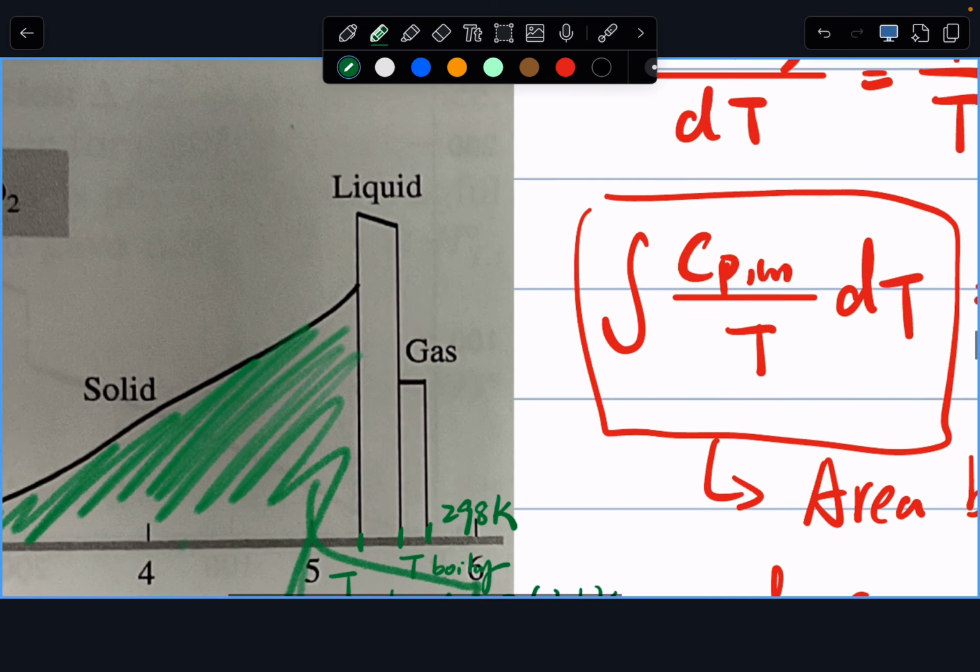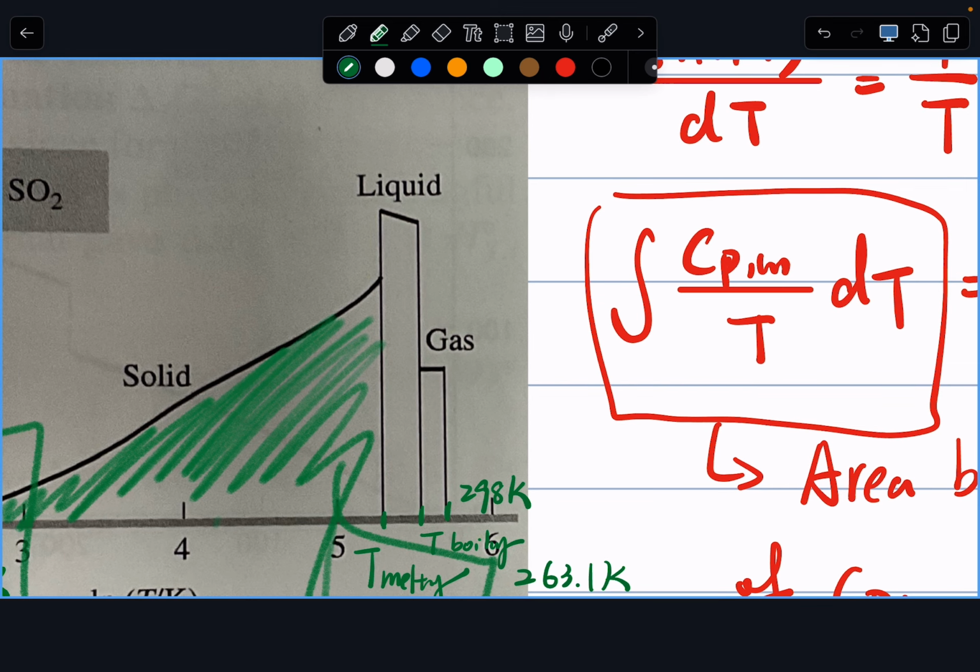Then, again in the liquid phase, we have a temperature increase. For process 5, we want to increase my temperature to the vaporization point, still liquid. Likewise, you want to vaporize it to the gas phase at your vaporization point.